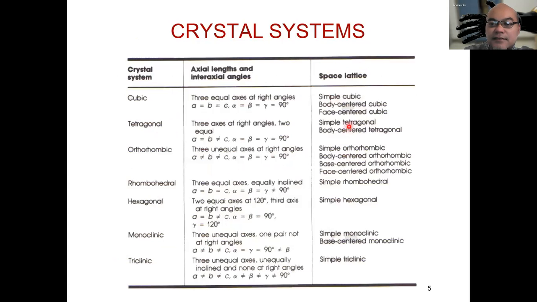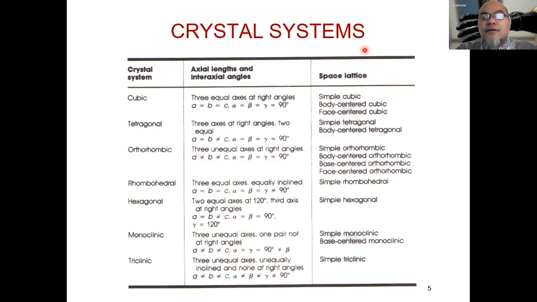Not every crystal system has the same number of crystal lattices. Some have 3 or 4. Cubic has 3 crystal lattices.